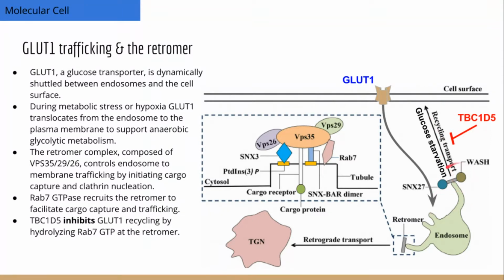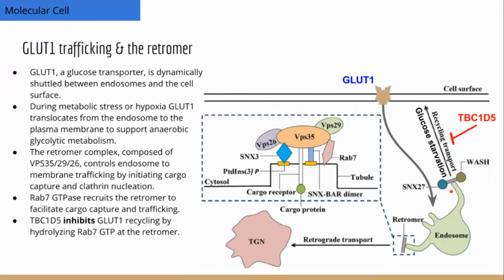this retromer complex. So what this retromer actually does, though, is it binds to endosomes and then it captures cargo proteins for transport. And GLUT1 would be one of these cargo proteins that's captured by the retromer. So think of the retromer as a party organizer.